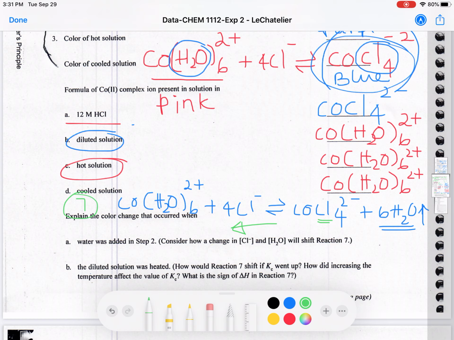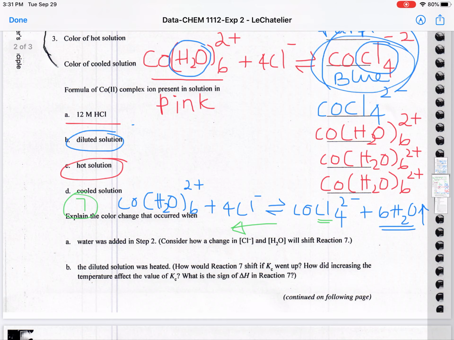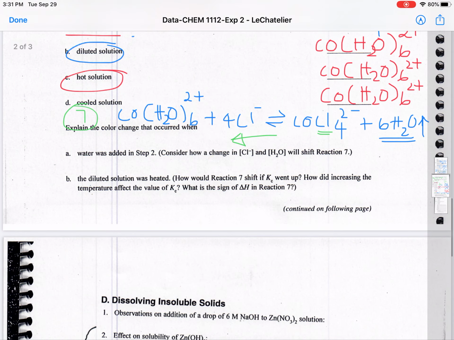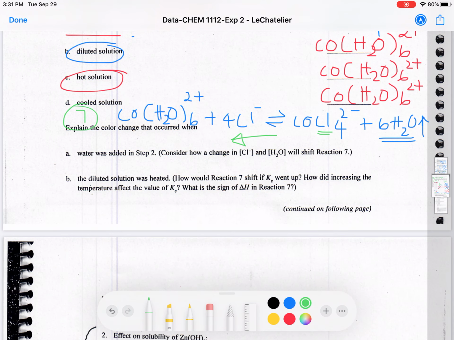And then the diluted solution was heated. When you dilute it, when you add water, it became pink. You heat it up and then it becomes darker. What does that mean?